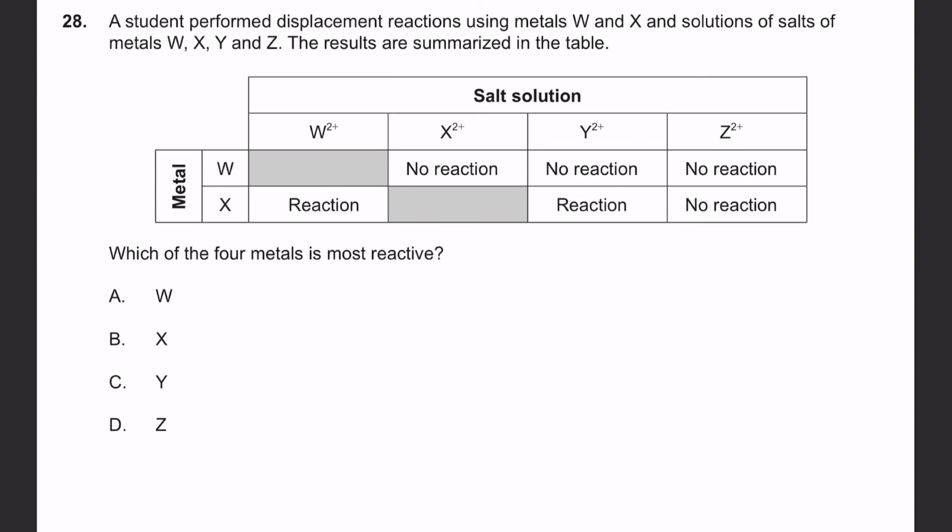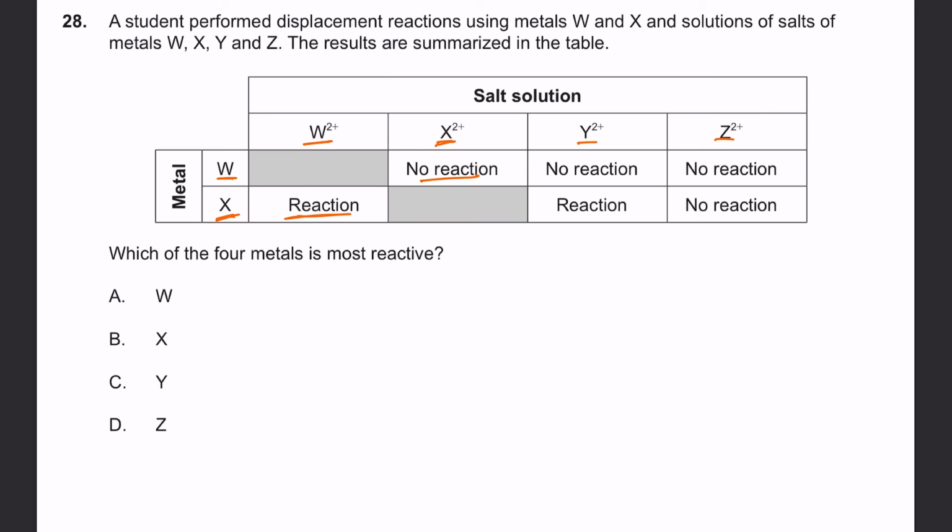Now coming to question 28, we are given these 4 salt solutions W, X, Y, Z, and we have these 2 metals W and X. Using the information on the reaction of W and X with these solutions, we have to find which of these 4 metals is most reactive. Between X and W2 plus, we see that there is a reaction. But between W and X2 plus, there is no reaction.